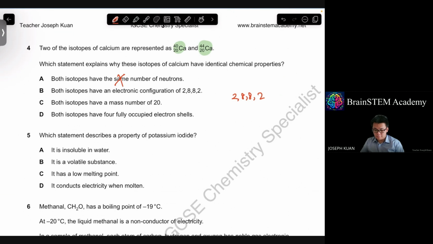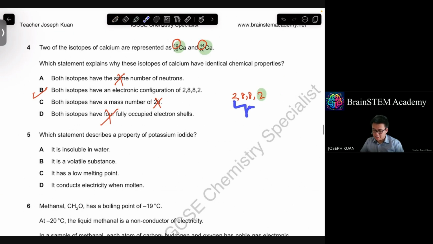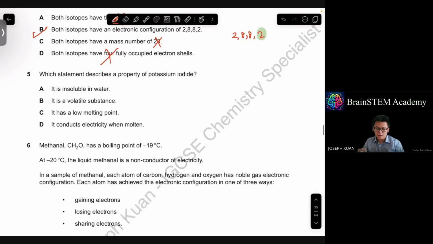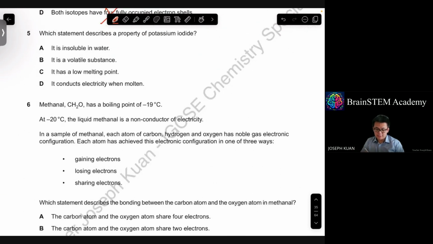Both isotopes have a mass number of not 20, but individually one is 40, one is 44. And both isotopes do not have a fully occupied electron shell. So B is the answer. Both of them have 2,8,8,2, and it is due to the valence electrons and the specific electronic configuration that allows them to have identical chemical properties.